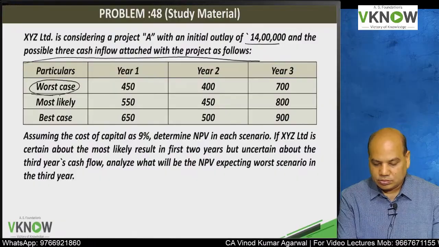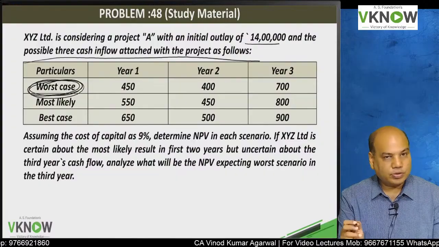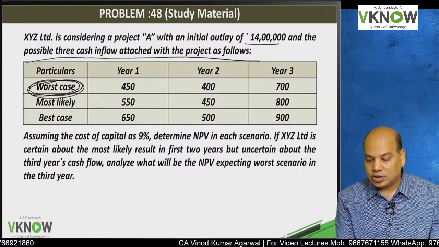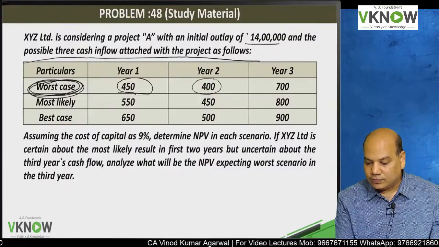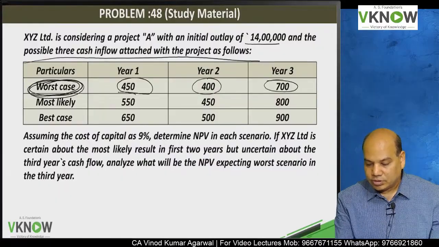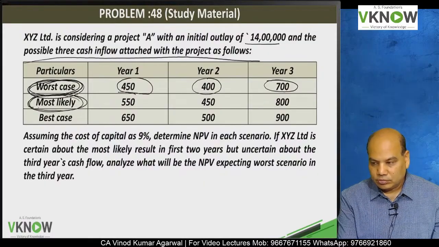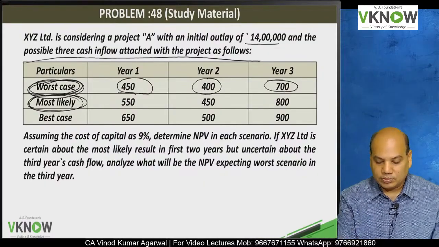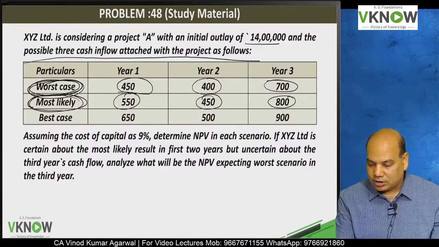Suppose it's a worst case scenario. There are three scenarios possible. Worst case scenario means in year 1 you will get 450, 400 and 700. But in most likely scenario, which is more likely to happen, it is 550, 450 and 800.